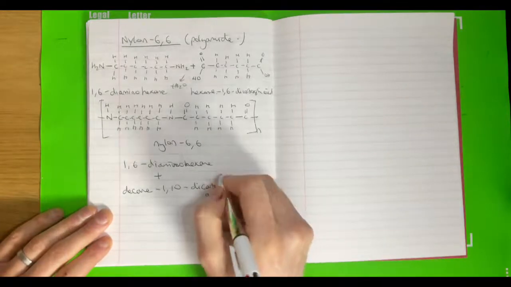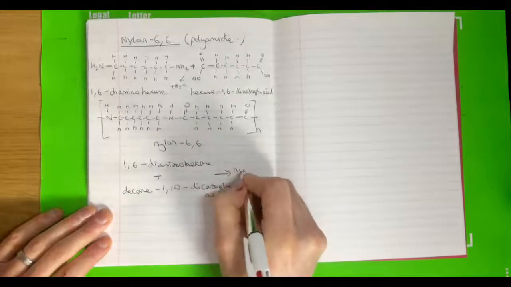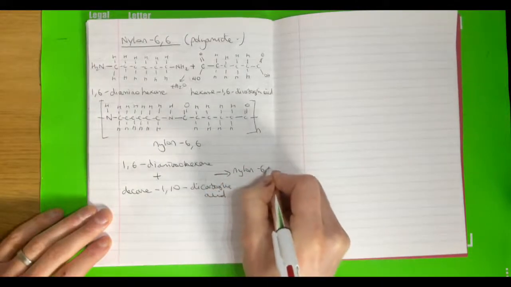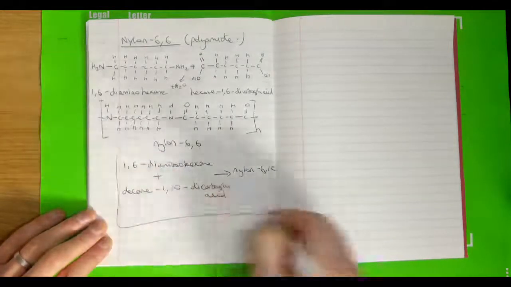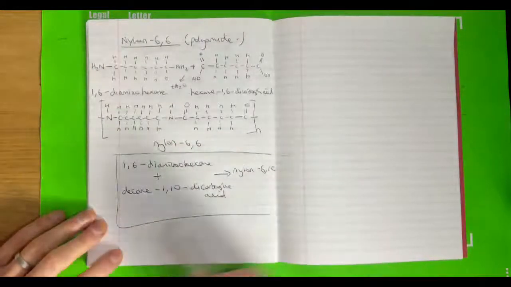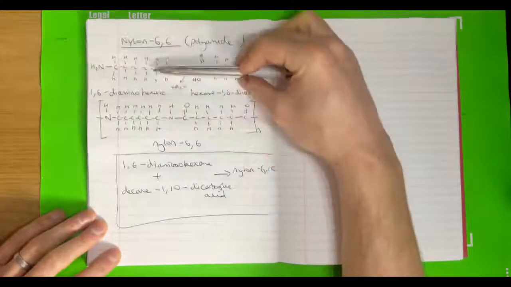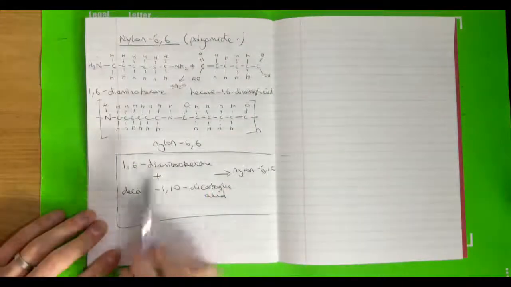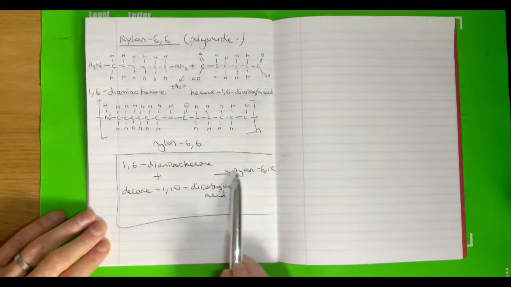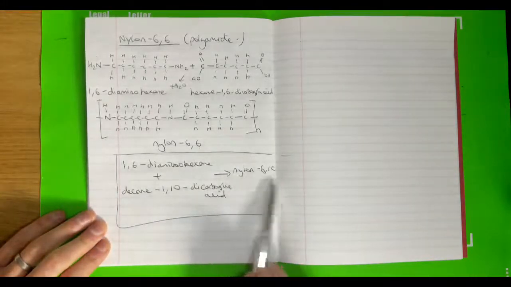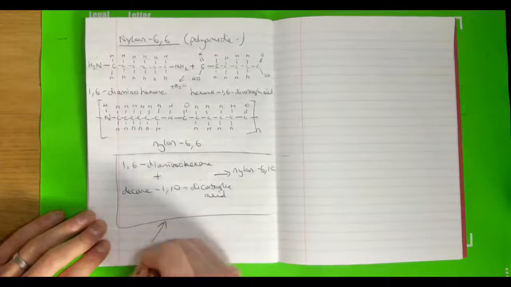And that would make nylon 6,10. Okay. Now your task, you do this yourself. I want you to draw that out, just like I've done here for nylon 6,10. So draw your 2 monomers, and then your repeating unit polymer chain here.